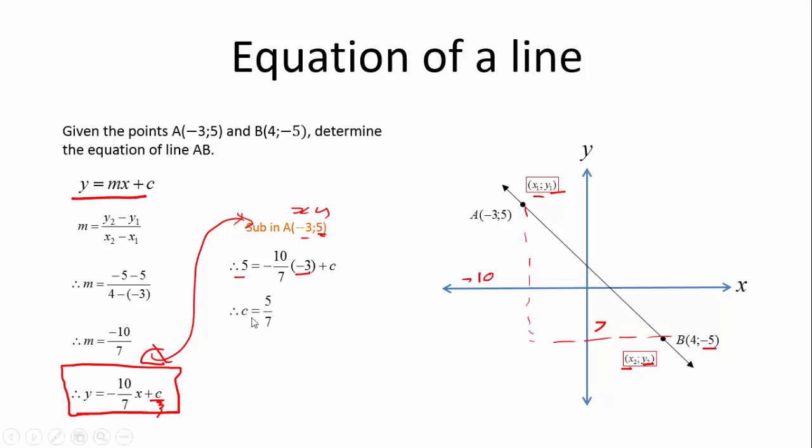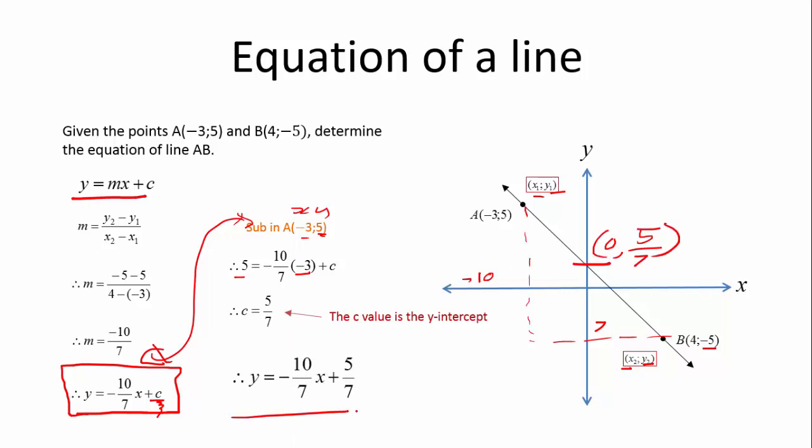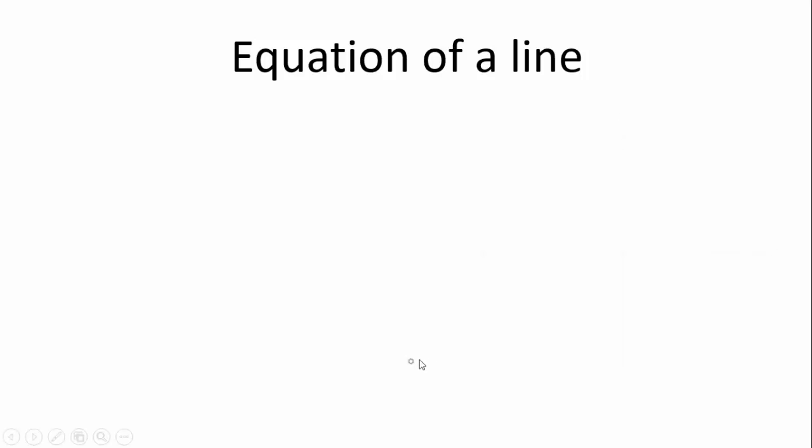We can solve that to get c is equal to 5 over 7, and you can work that out pretty easily. This c value is simply saying that this over here is 5 over 7. Well, x is 0, so the coordinates are 0 and 5 over 7. So we have our equation of a line. y is equal to negative 10 over 7 x plus 5 over 7.